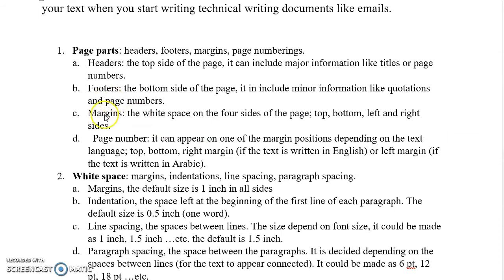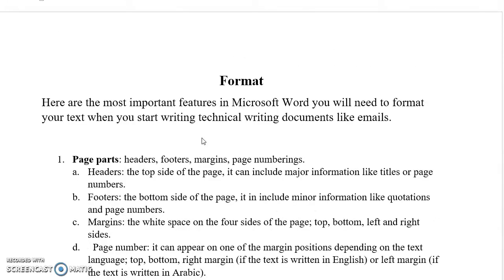Okay. Then we have the margins. In the next video, there will be a discussion about how to make the margins and what the standard for the margins is in technical writing documents. For the margins, it means the white space on the four sides of the page: top, bottom, left, and right. As you see here, this is my Word file.